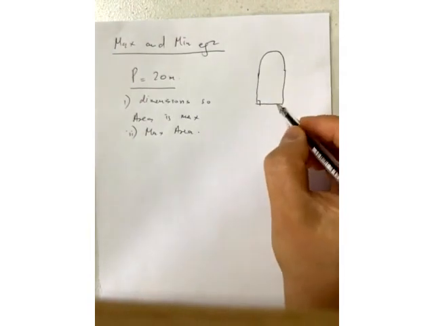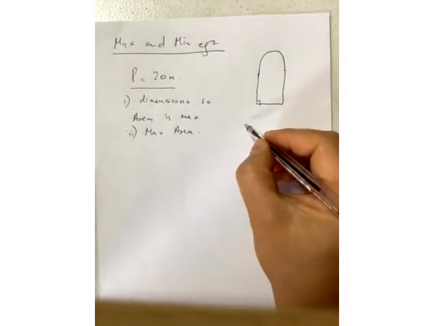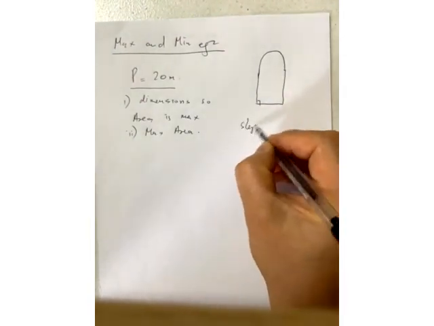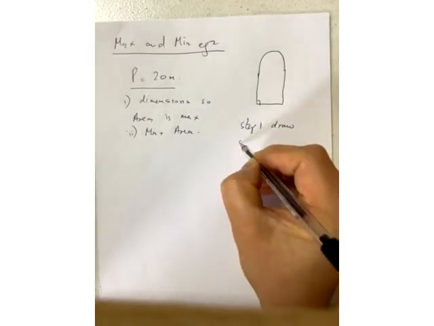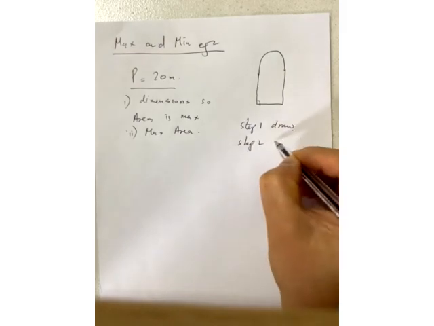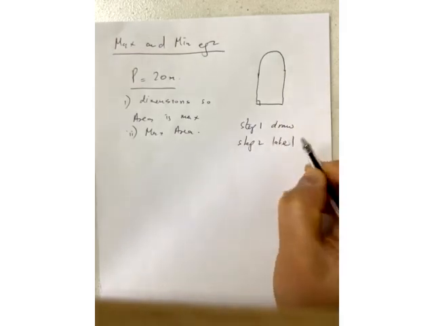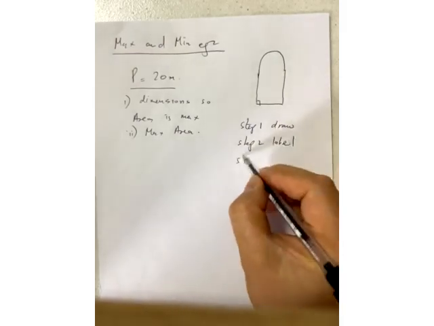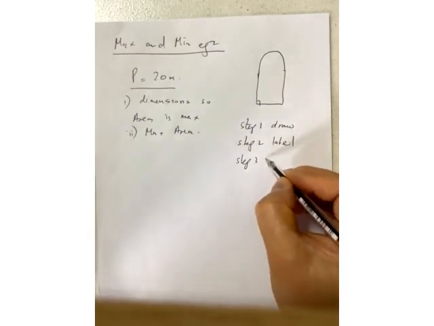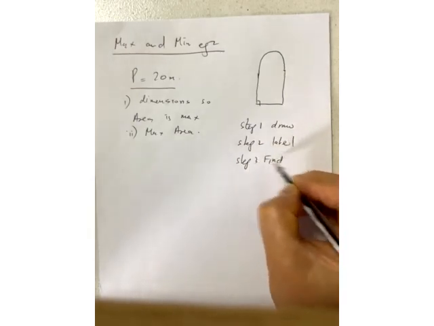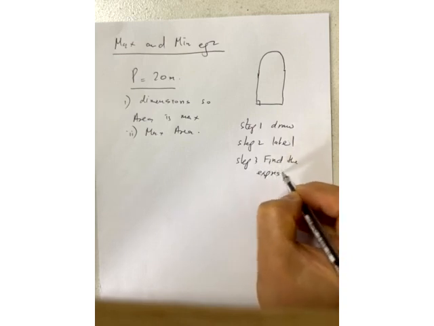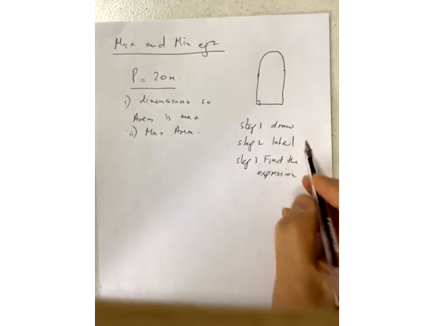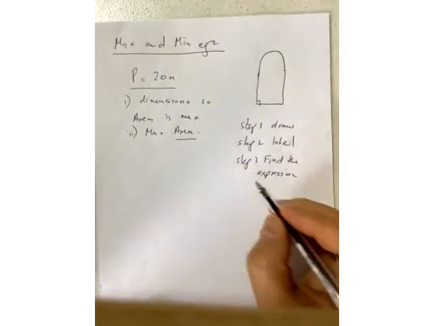So when you do maximum minima, there are steps to follow. Step number 1 is you draw a diagram. Step number 2, you label the dimensions of that diagram. Step number 3, you find the expression that you're looking for that is a max or min, in this case, the area.